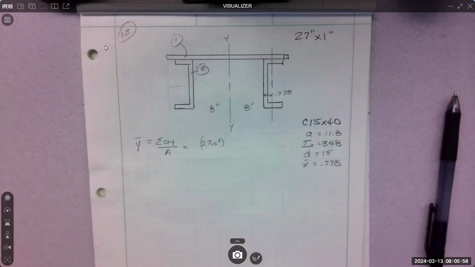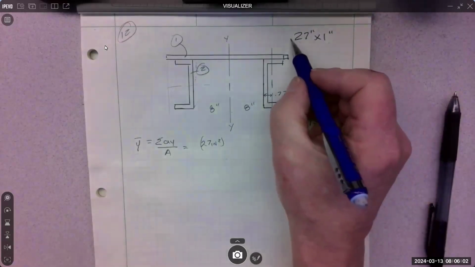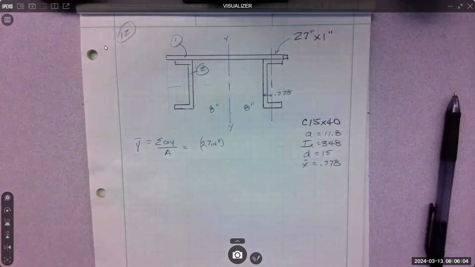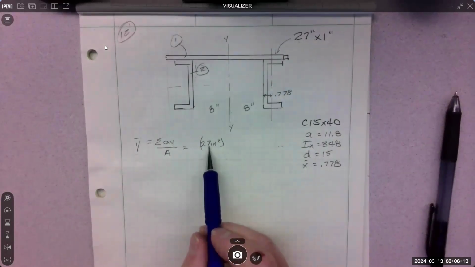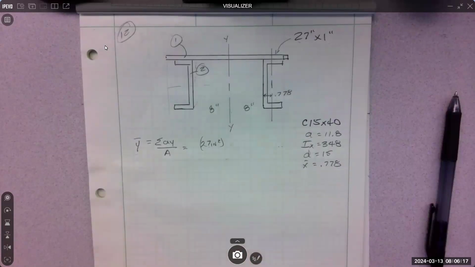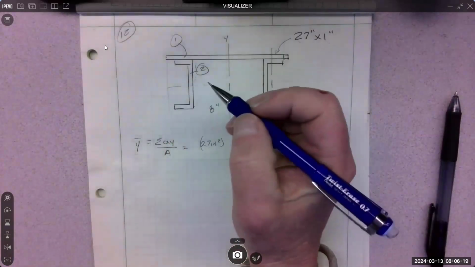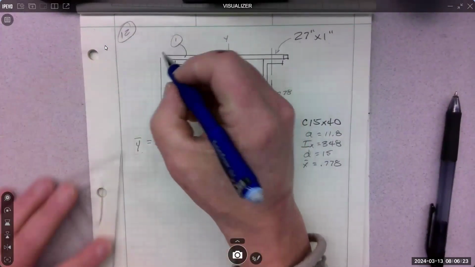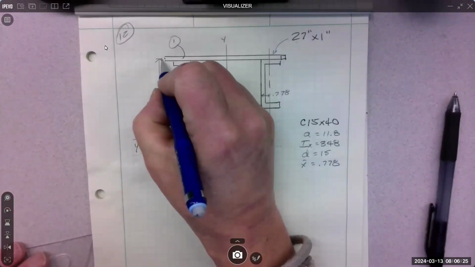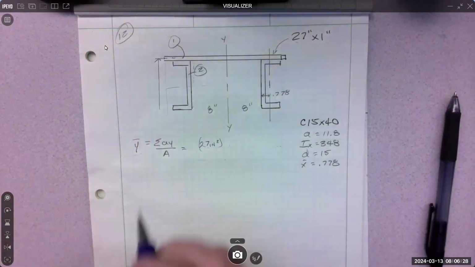Now I'm doing Y bar. So now we need the Y distance from the bottom, all the way up to the centroid of this plate, which is halfway.